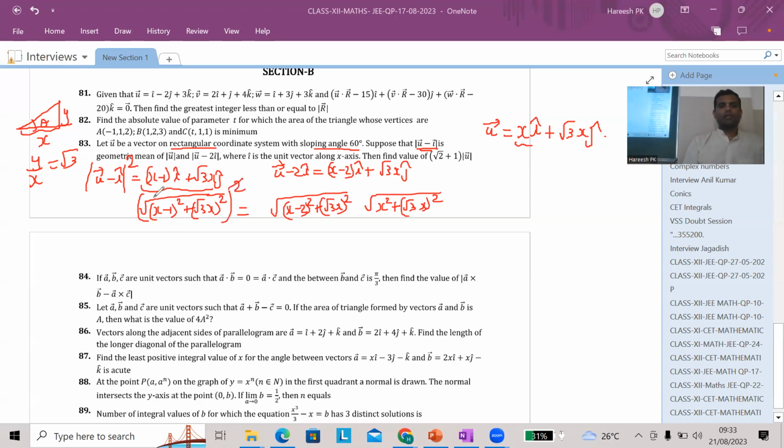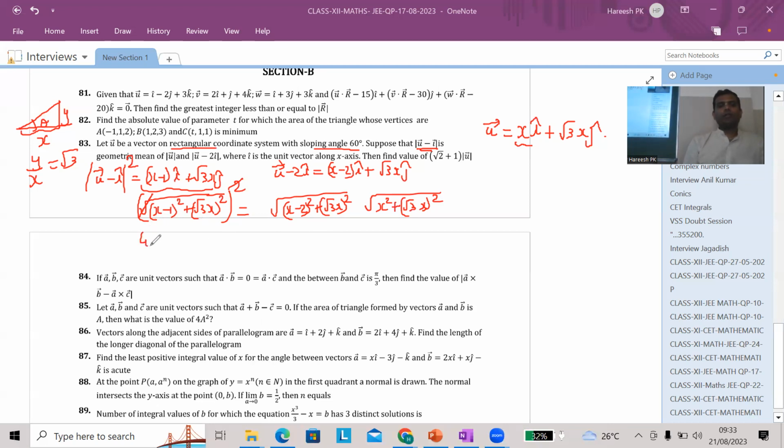Okay, so here this and this will get cancelled. Now we'll have to simplify basically. You may have to square once more after this so that the root will go. So first let's expand this.